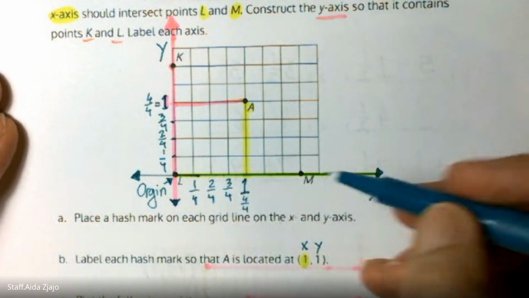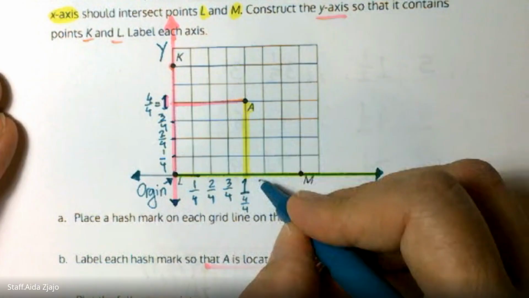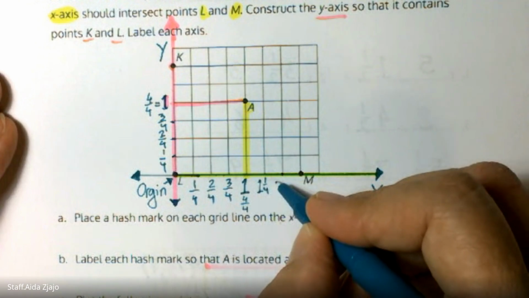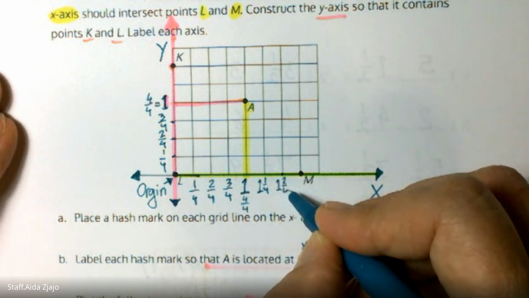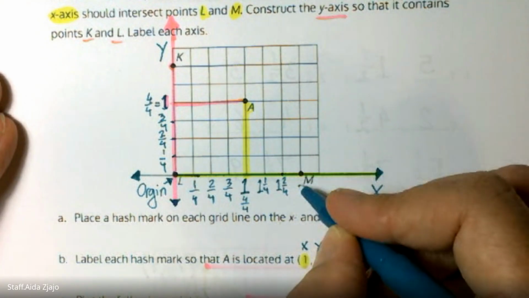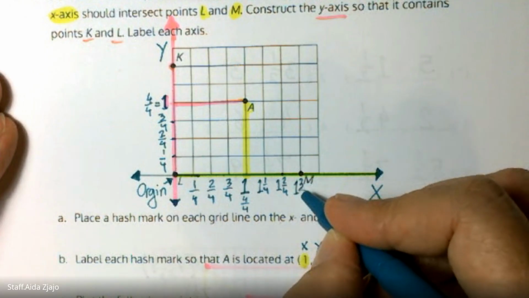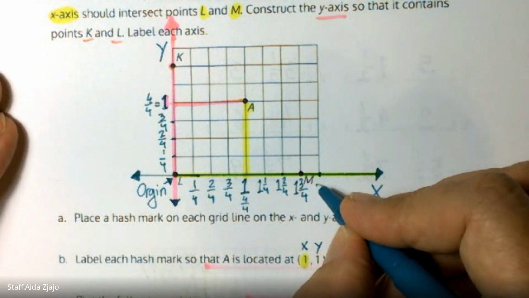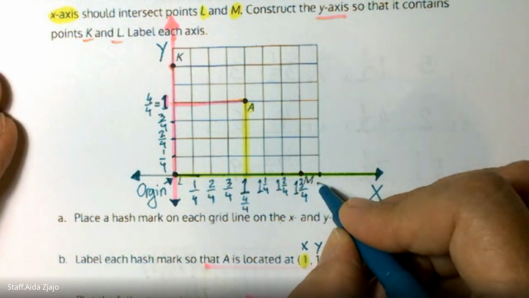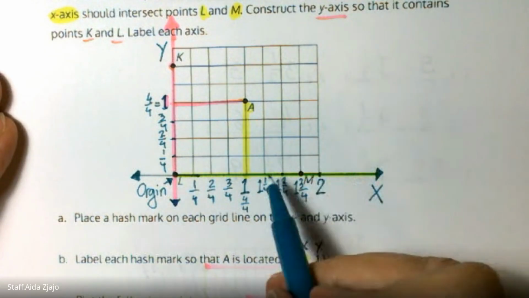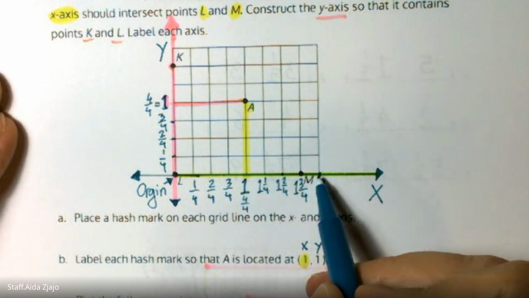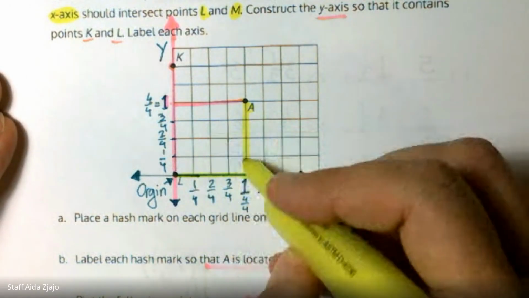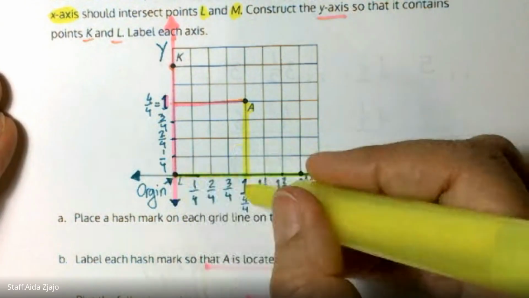We can see that this one is 1 whole and 1/4. This one here is 1 whole and 2/4. And M has to be 1 whole and 3/4 so far. This one here is 1 whole and 4/4, or 2 wholes, because we have 1, 2, 3, 4 spaces. So this is 0, L is 0.